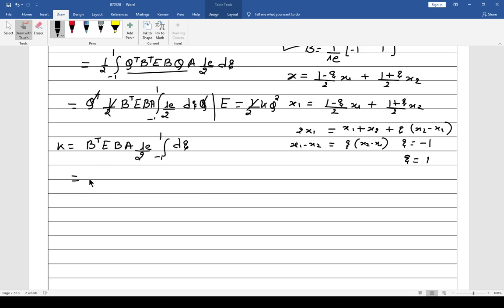B transpose will be 1 by LE, which is a common factor, times minus 1 1. This is my B transpose.